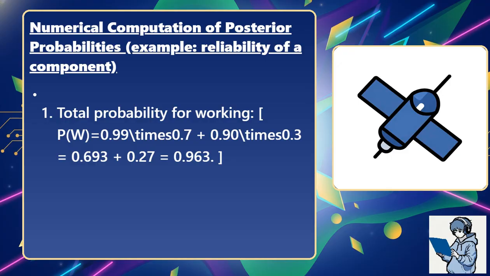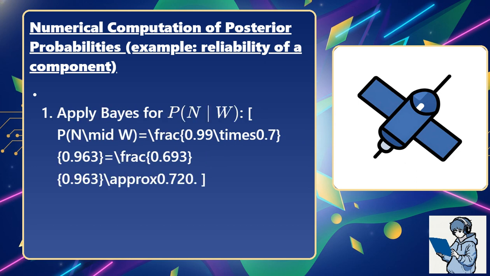Total probability for working: P(W) equals 0.99 times 0.7 plus 0.90 times 0.3, equals 0.693 plus 0.27, equals 0.963. Apply Bayes for P(N given W). P(N given W) equals the fraction of 0.99 times 0.7 over 0.963, equals the fraction of 0.693 over 0.963, approximately 0.720.